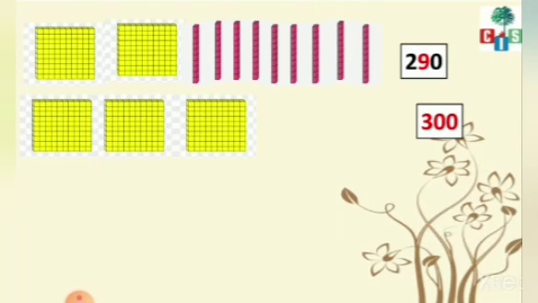Right? So tens between 200 and 300 are 200, 210, 220, 230, 240, 250, 260, 270, 280, then 290, and the last is 300. Okay. So now let's move to the next slide.